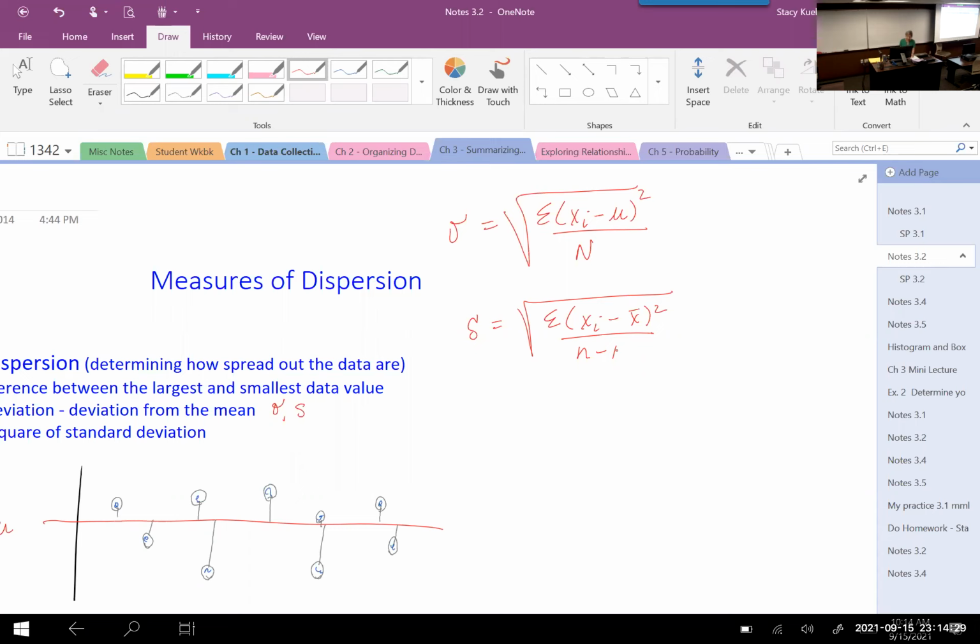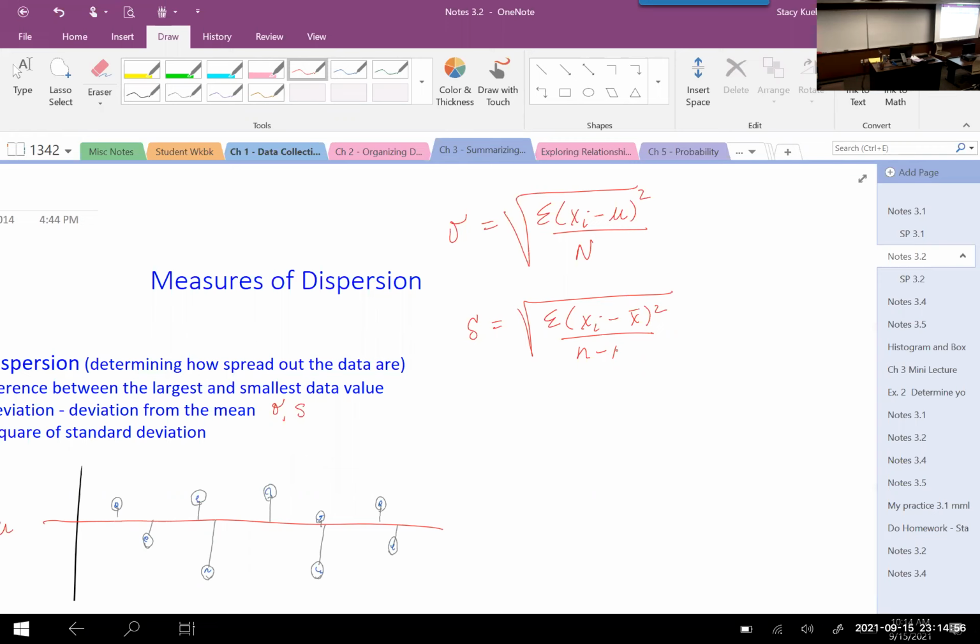And then the variance. What variable would you be using for variance? Sigma what?